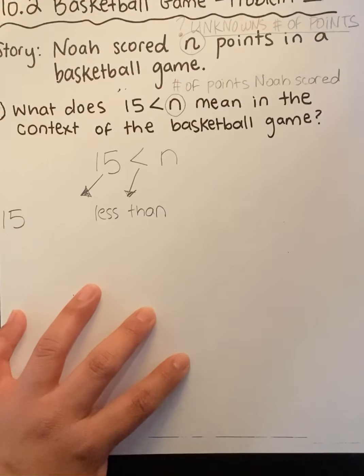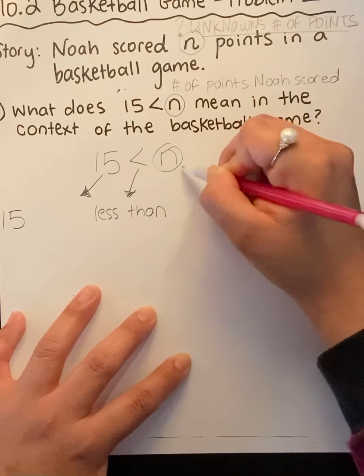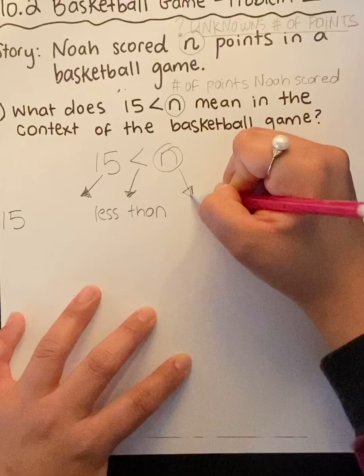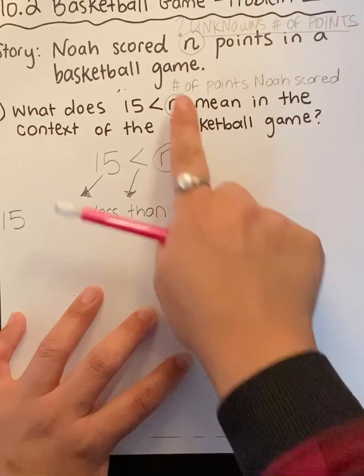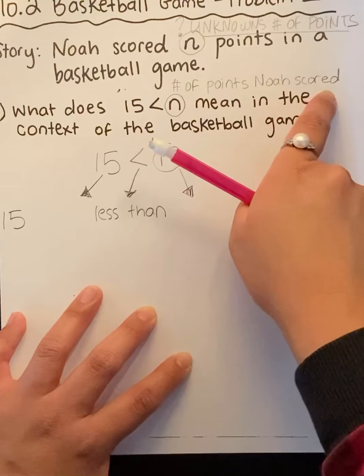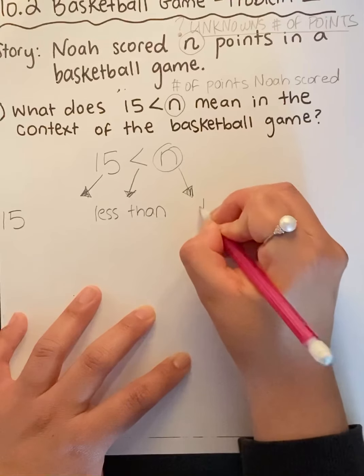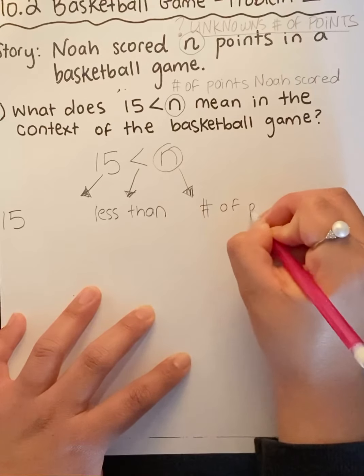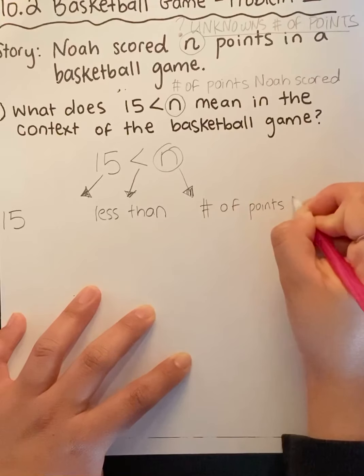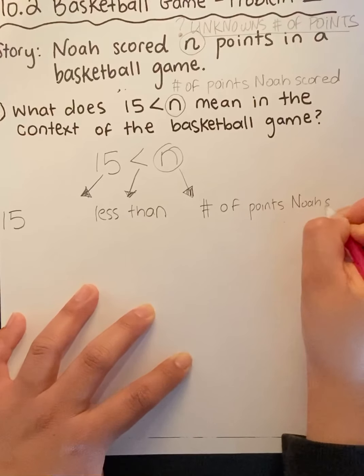And I have the variable now. I know that this variable represents the number of points Noah scored. So I am going to write that, number of points Noah scored.